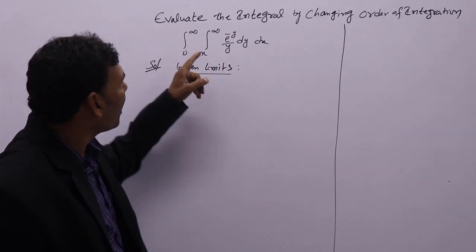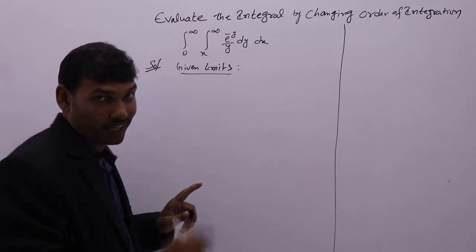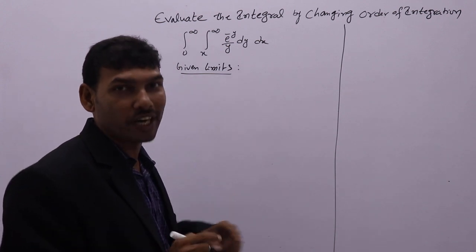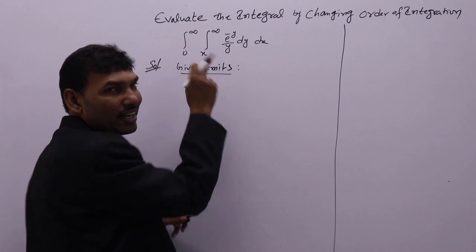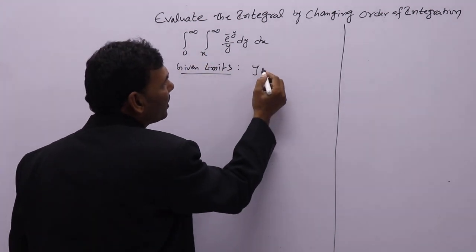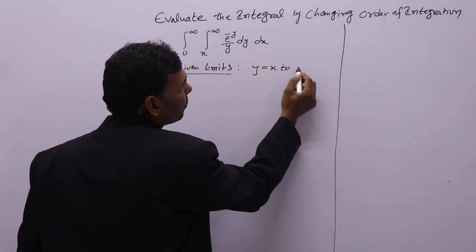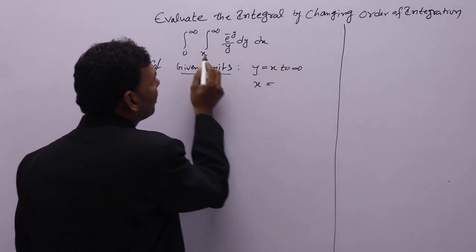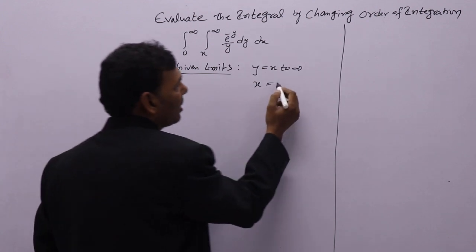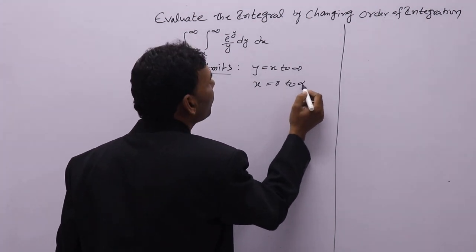If limits are in terms of x, they are limits of y. This is the technique you need to use to identify. These limits are in terms of x, so these are y limits. That means y equal to x to infinity, and x limits are x equal to 0 to infinity.